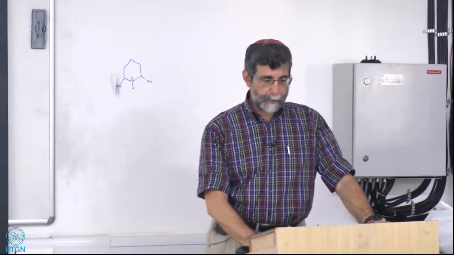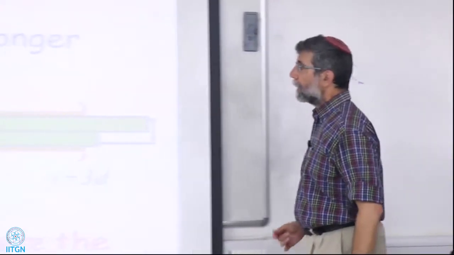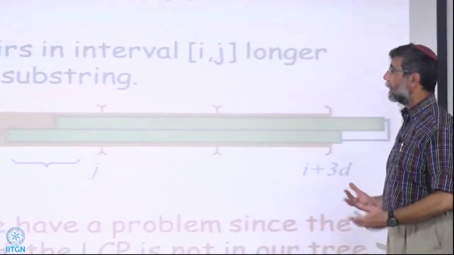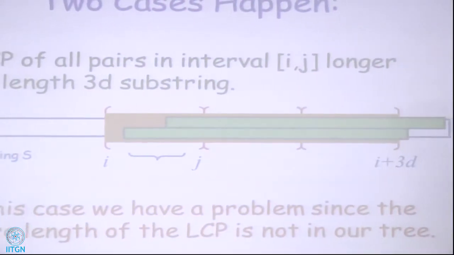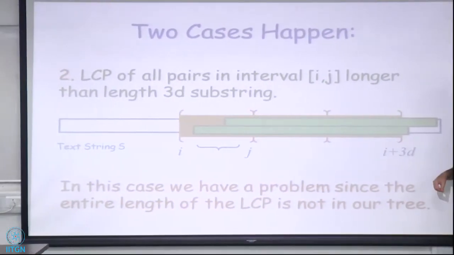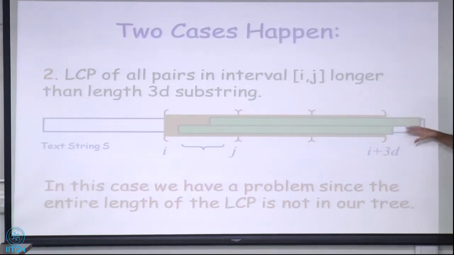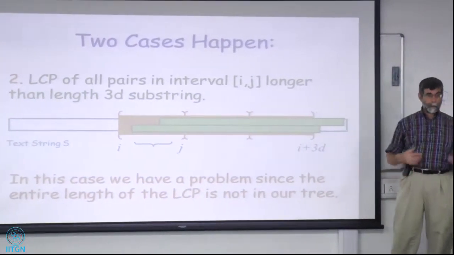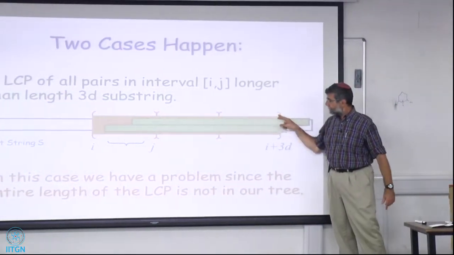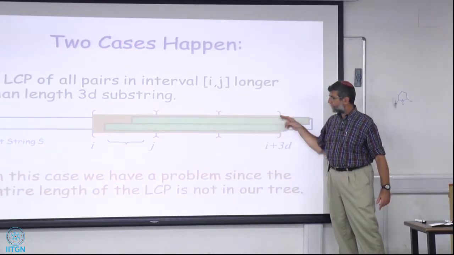But what happens if the LCP of all the pairs in the interval is longer than the length 3d substring? In other words, in fact, there were a number of elements whose LCP extends, in the original string, beyond this border.